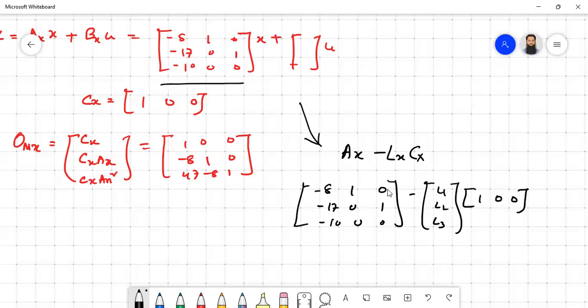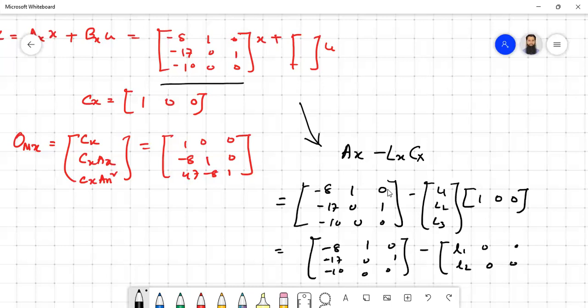So this will give us minus 8, minus 17, minus 10, 1, 0, 0, 1, 0, 0. We can write this directly as well, or we can make it more detailed if you want. But once you're practiced well, you can write it directly, so you don't have to follow the exact steps.